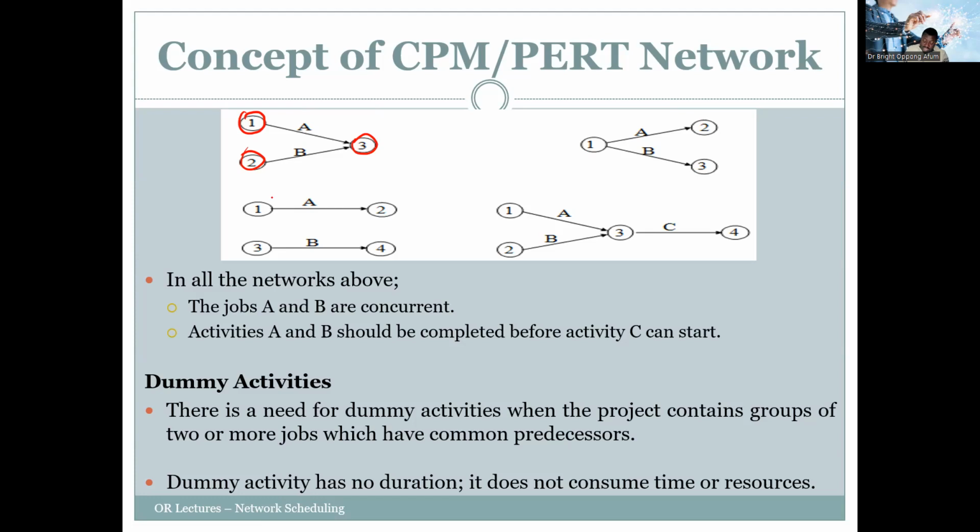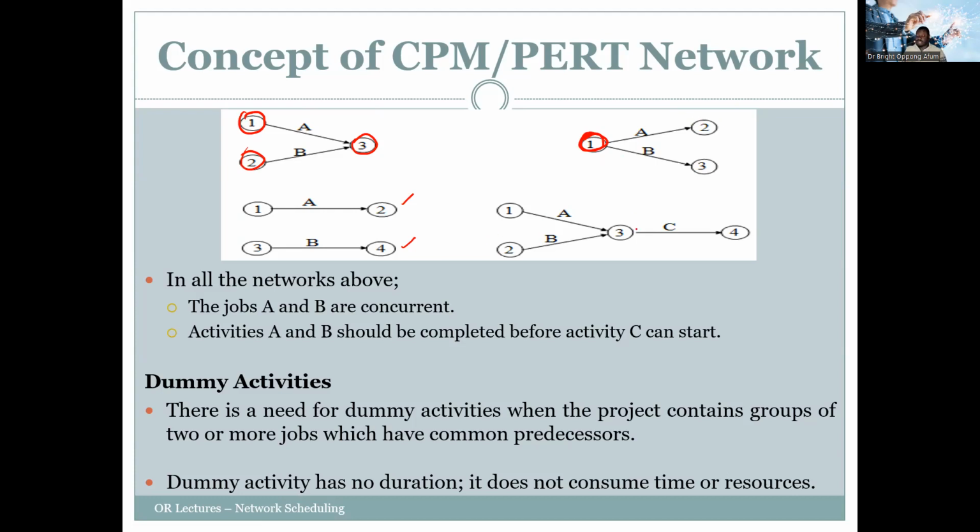It can come from one node to another, which is also correct. You should always have the arrows. And we can also have one job, task, event or node with two activities coming out from that node. And that's also correct.